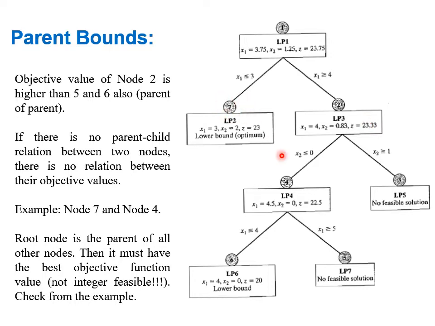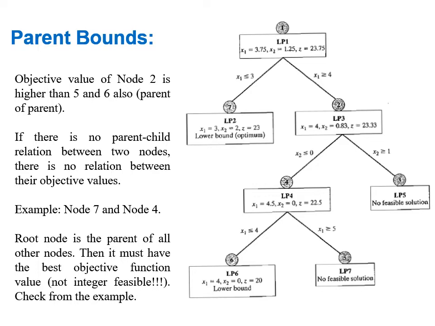Similarly, node 7 and node 3 or node 7 and node 4 do not have any parent-child relationship. Therefore, we cannot say that this node's objective value will be higher or lower than this one. It can be both. The parent bound is only related to the parent-child relationships and parents of parents.